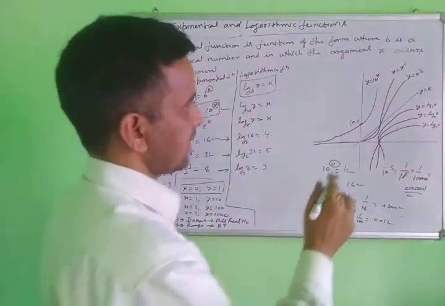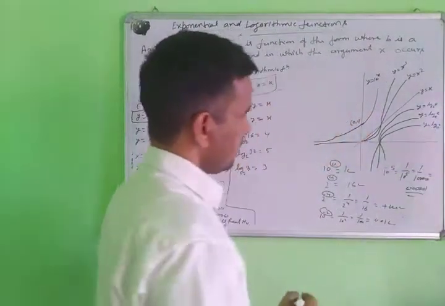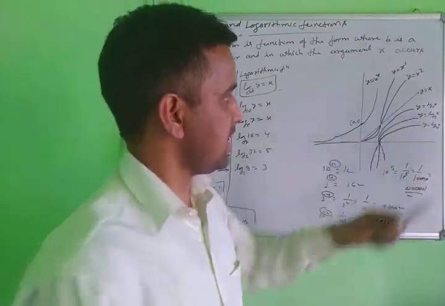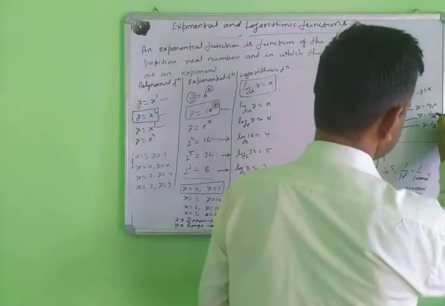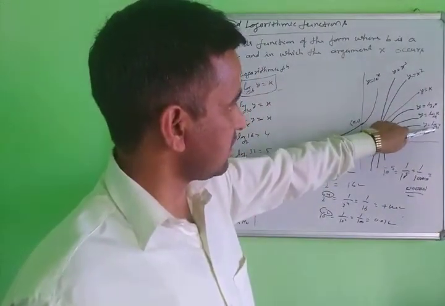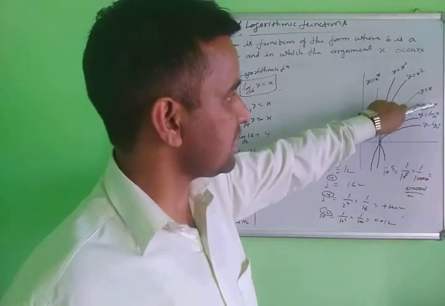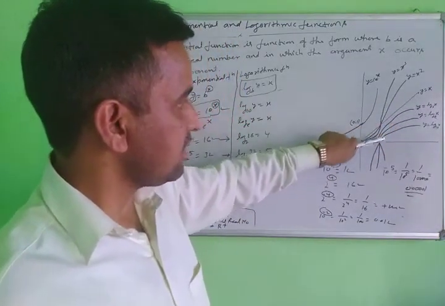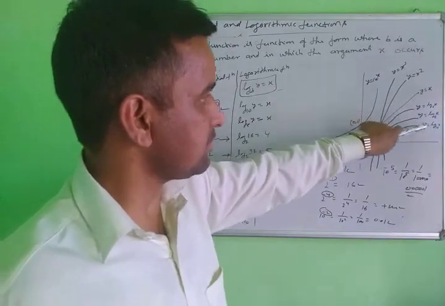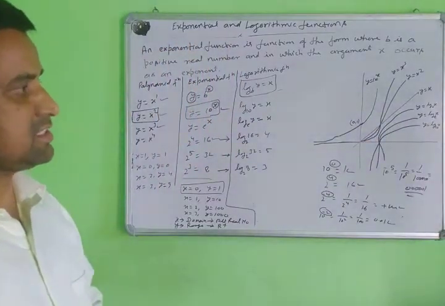Here is base 10 of x, here base e of x, and here base 2 of x. Your base is changing here: base 10, base e, and base 2. As the base decreases, the shape of the graph changes. When the base decreases, the graph becomes steeper.